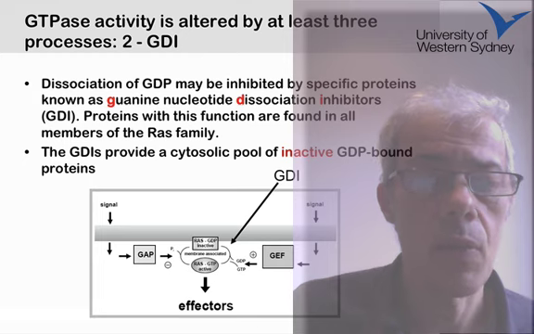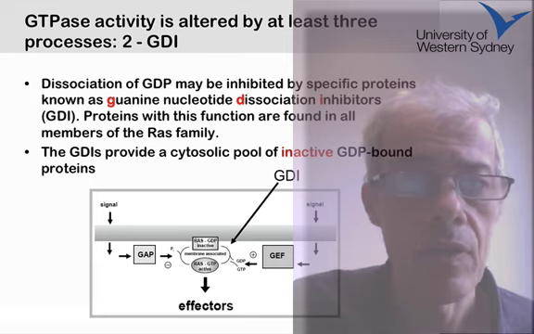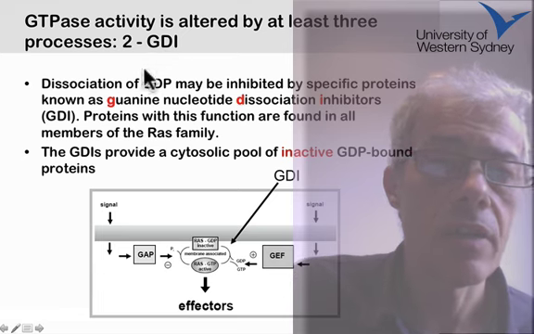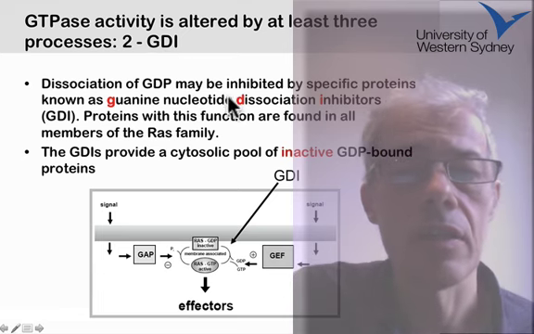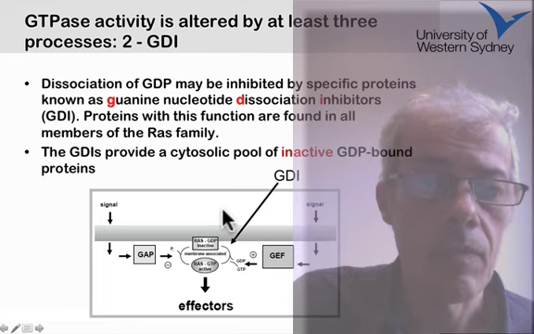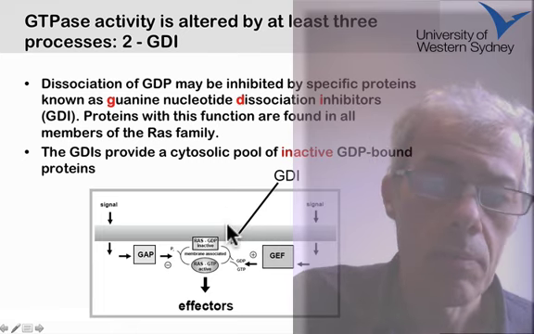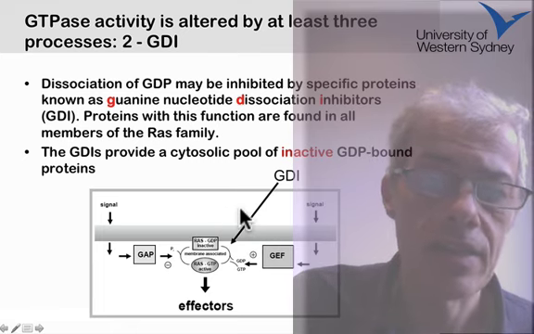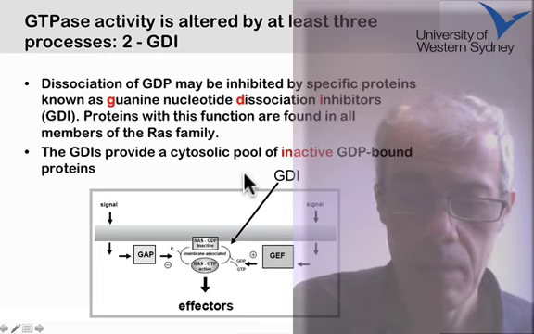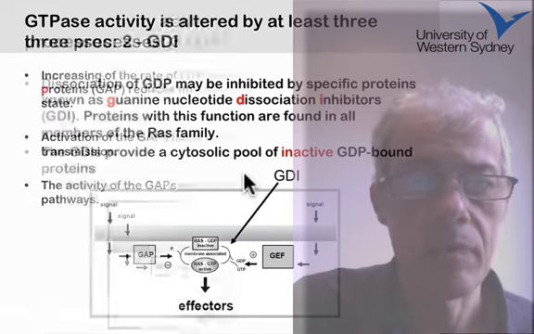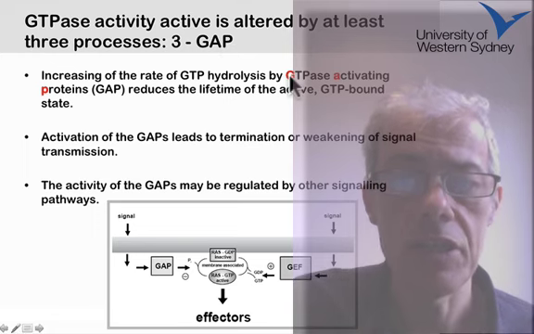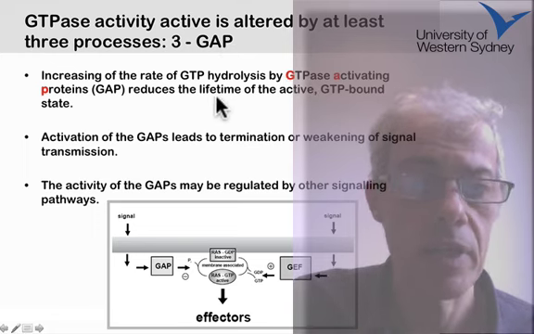And again, this is showing another class of proteins, these GDI, these guanine nucleotide dissociation inhibitors, which function to maintain RAS in an inactive state bound to GDP. And then the other category that we mentioned briefly are the GAP proteins, the GTPase activating proteins.